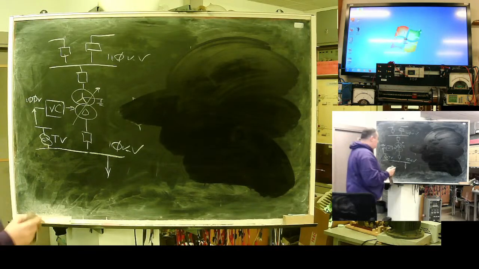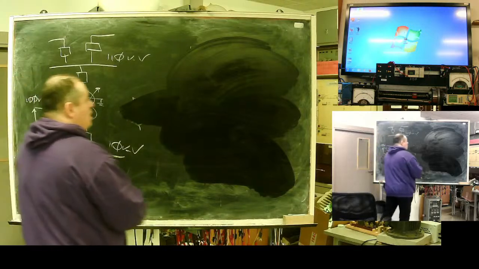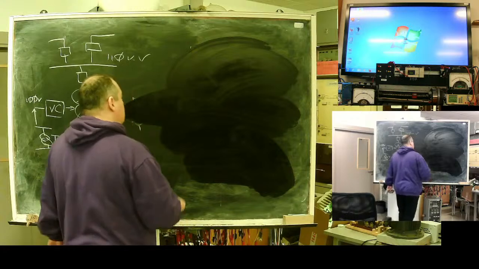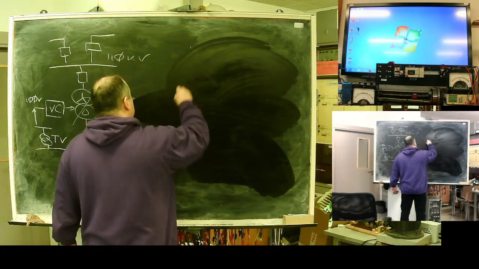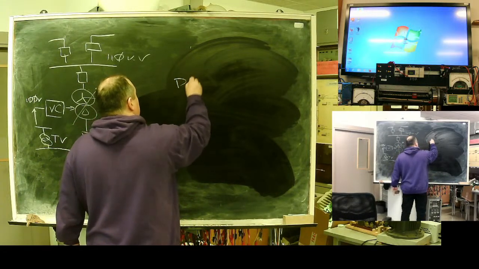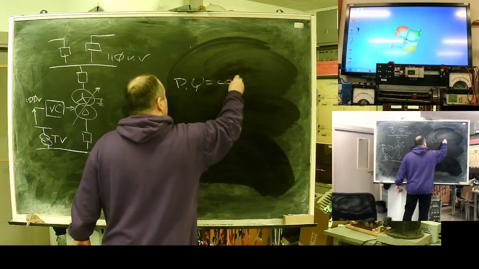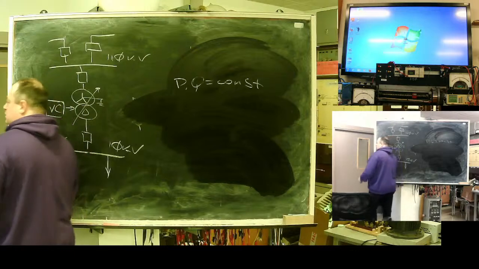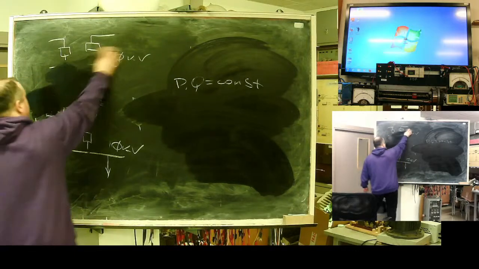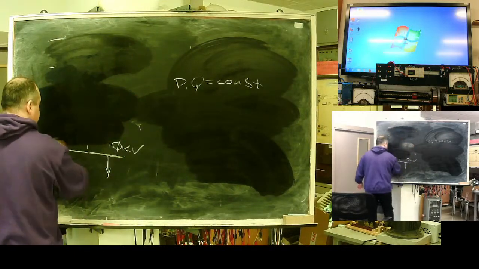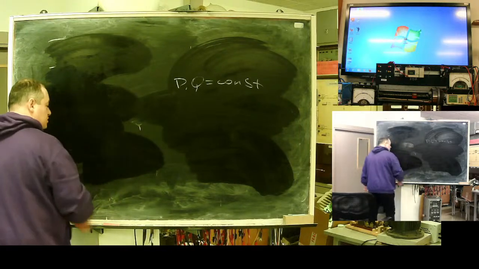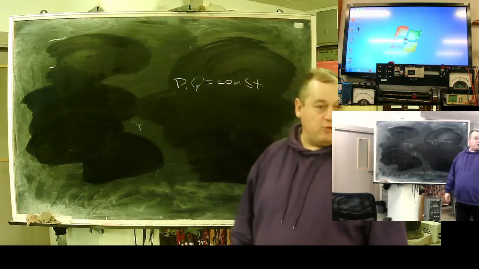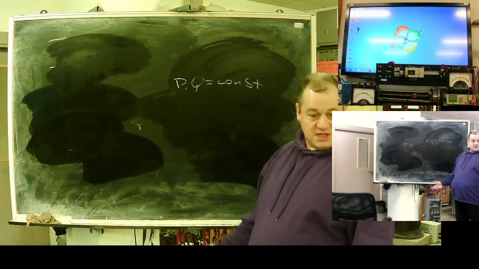If we are within this range of control, a reasonable idea is to look at load as a load with constant power, or so-called constant volt-amps load.